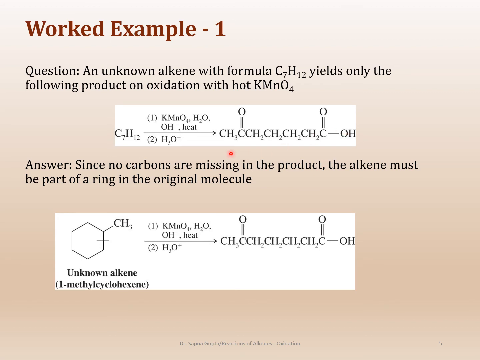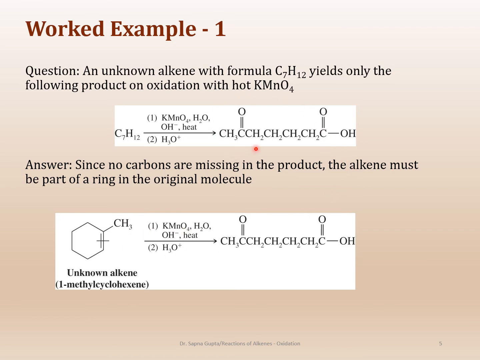So what is the structure of this starting material? What you do is count your carbons first of all, and make sure that you have 7 carbons, which is 1, 2, 3, 4, 5, 6, 7 carbons. And the fact that you have a COOH, an acid, means you have a more oxidized carbon, which means a less substituted carbon.